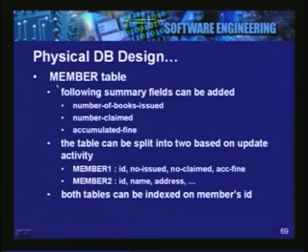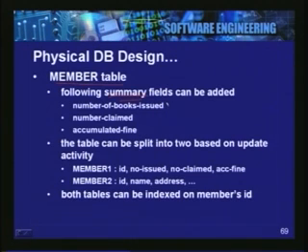Now, remember that we had a member table. The member table contains data about a member such as his member ID, member's name, type and so on. Here we note that some additional attributes can be added, and these are summary type of attributes. These attributes include the number of books issued to the member, the number of books he has claimed, and the accumulated fine for this particular member.